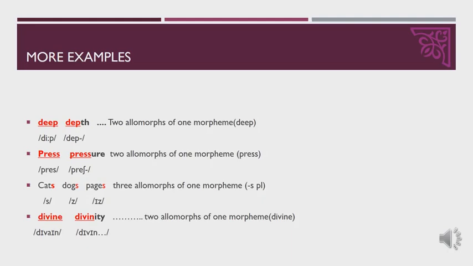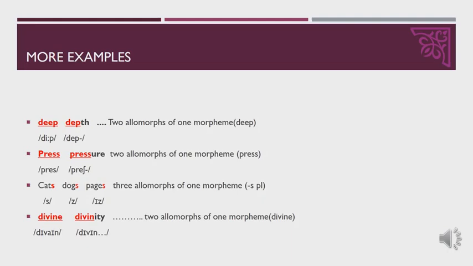The third example is the S plural morpheme. This morpheme has three allomorphs, three different pronunciations. They are /s/, /z/, and /iz/. These allomorphs are in complementary distribution. They cannot be pronounced in the position of each other. They cannot occur in the position of each other. It means that, for example, I cannot pronounce cats with a /z/ or dogs with an /s/.